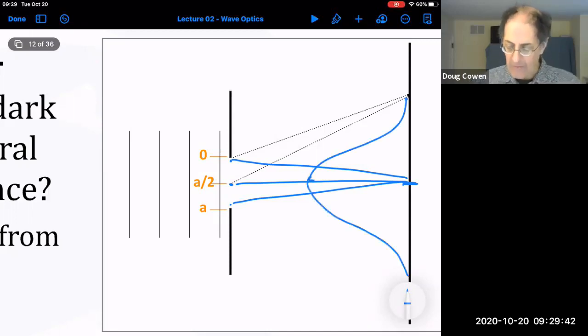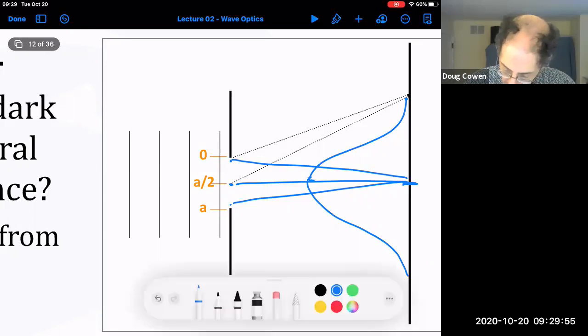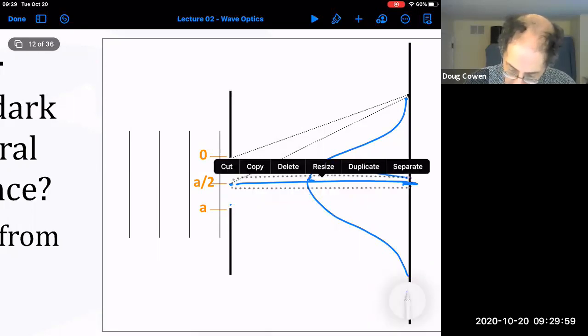If we go off center, at some point, we're going to have the destructive interference condition met. And what that means is the following. So let me just try to clean things up a little bit here so I can better explain things.